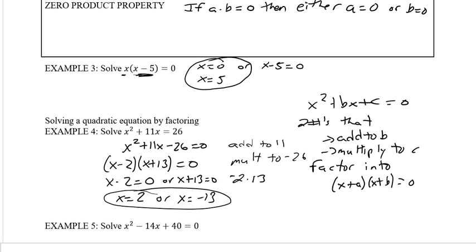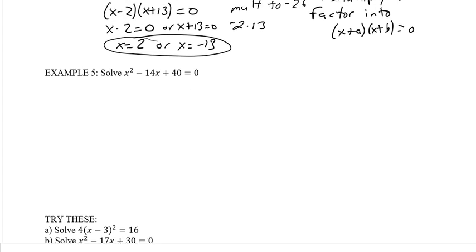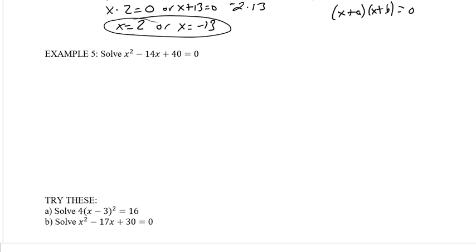Let's do another one. Solve x squared minus 14x plus 40 equals 0. So we're looking for things that multiply to be 40 and add to be negative 14. Well, negative 10 and negative 4 do that. So take that, we get x minus 10 times x minus 4 equals 0.